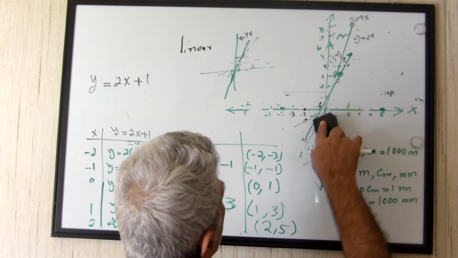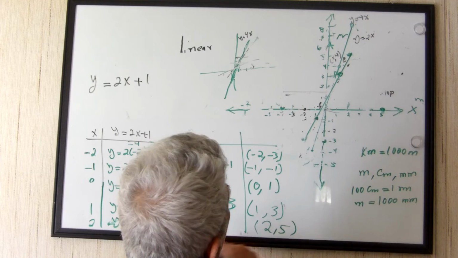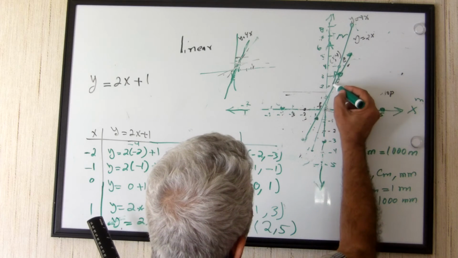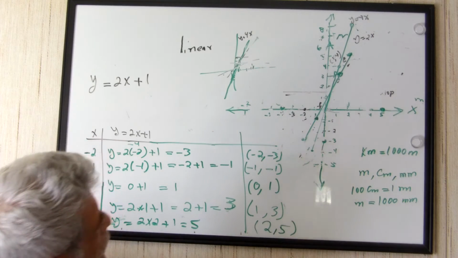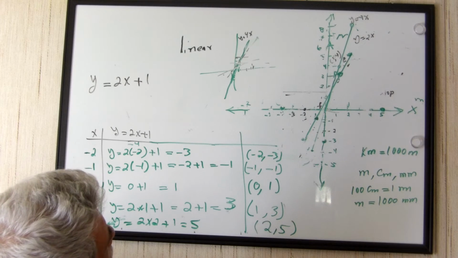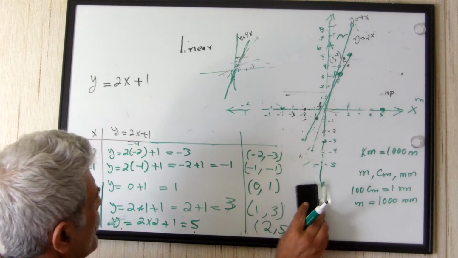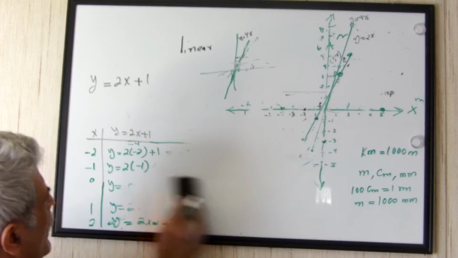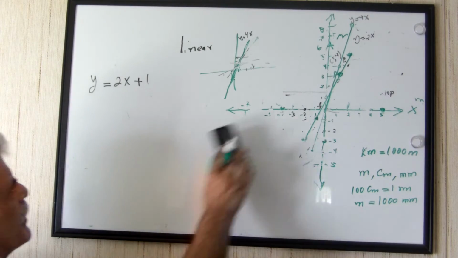We just want to leave the green one on. If you draw it to scale, we get a more accurate graph.